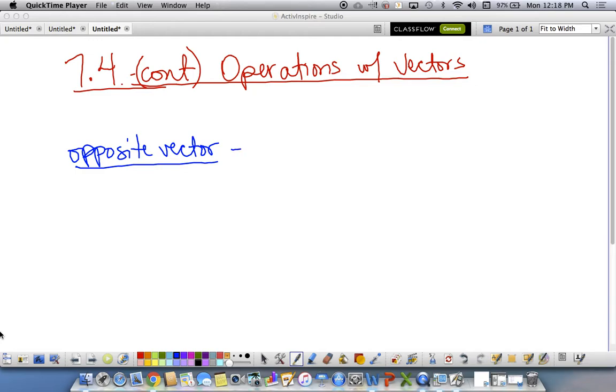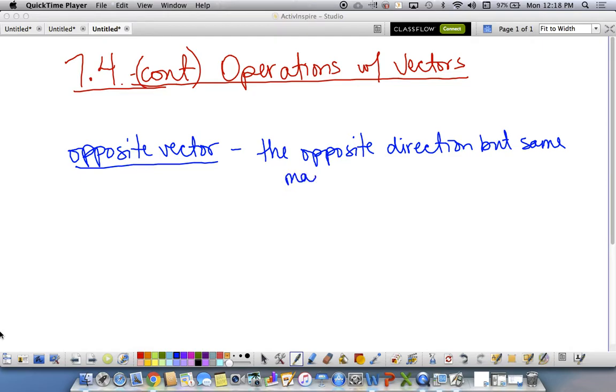They will have the opposite direction, but the same magnitude, okay? So we would write vector v and the opposite of vector v.